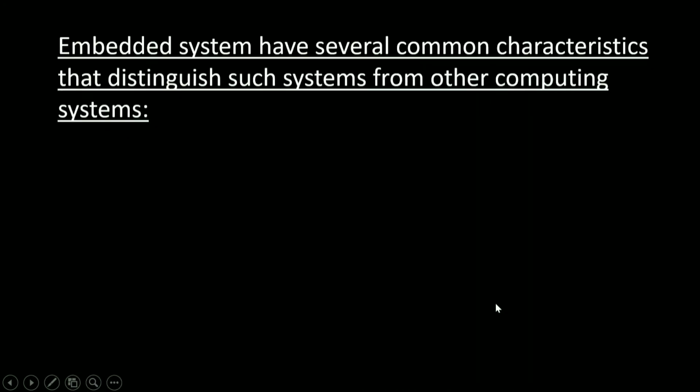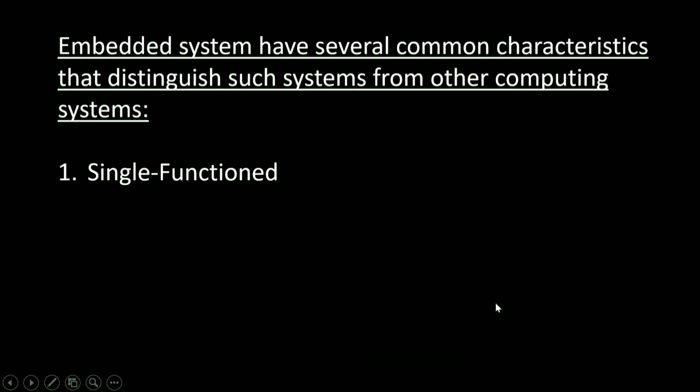Embedded systems have several common characteristics that distinguish such systems from other computing systems. First will be single function. An embedded system usually executes a specific program again and again.